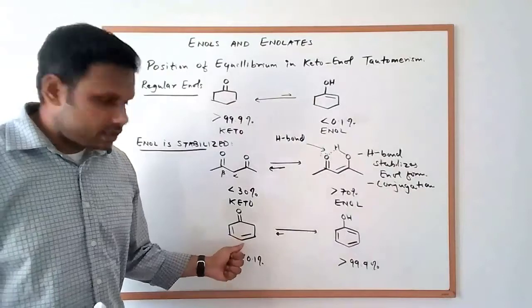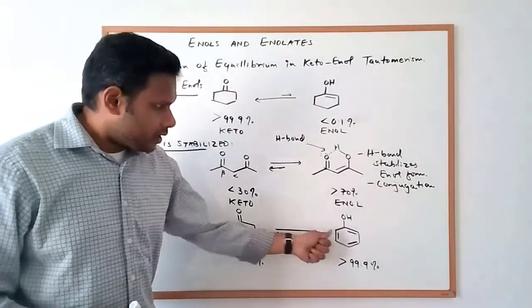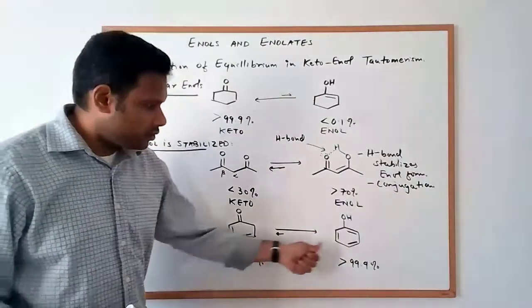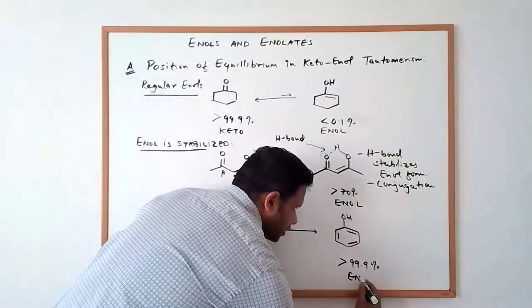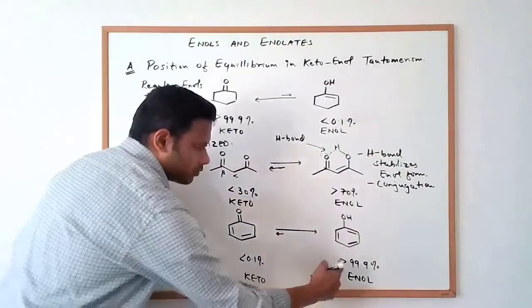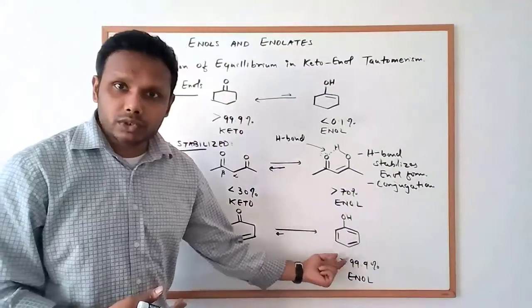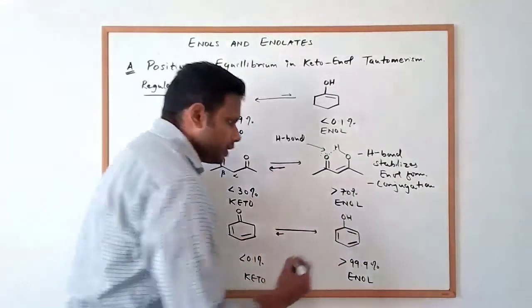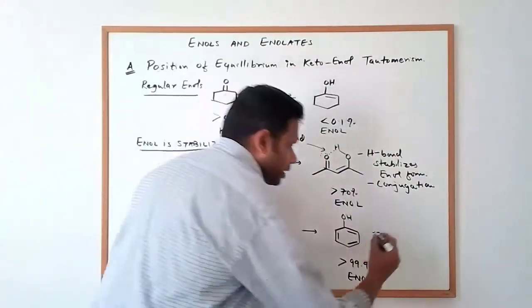Now, when we go to this next example, what you notice is that we have phenol and its keto form. The phenol is the enol form of this compound. In this particular case, as you can see, the enol form is highly favored. In fact, the compound exists mostly in the enol form, not in the keto form. That's because the enol is again stabilized.